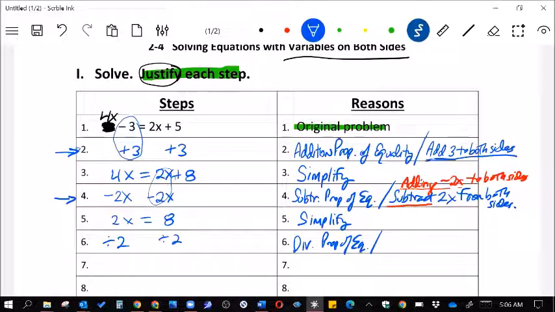You're keeping the two sides equal. Now this can also though be said as simply divide both sides by 2. And to be completely technically correct, I would say multiply by the inverse of 2, which is 1/2.